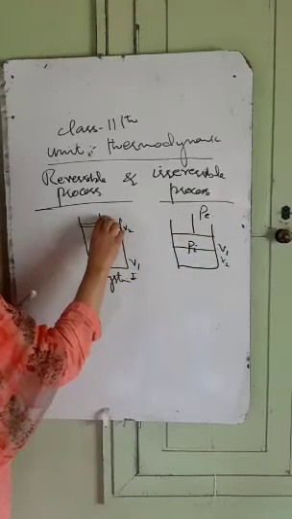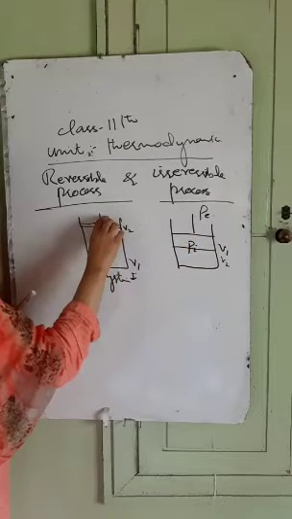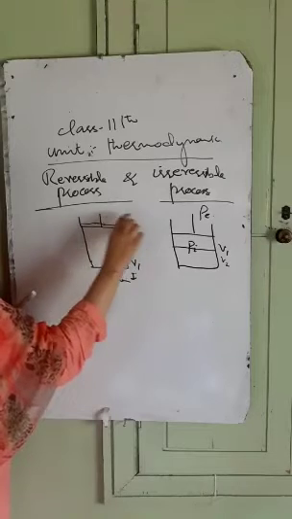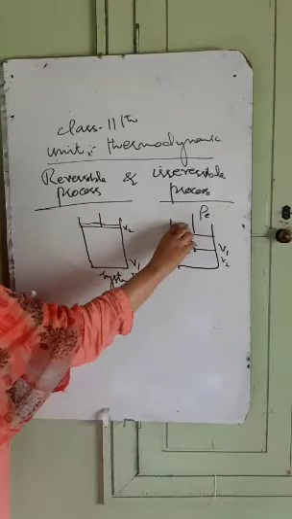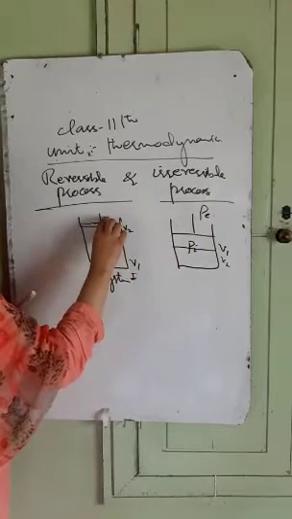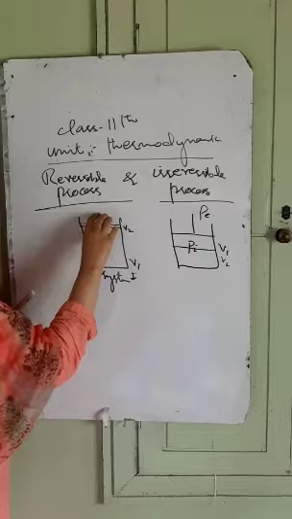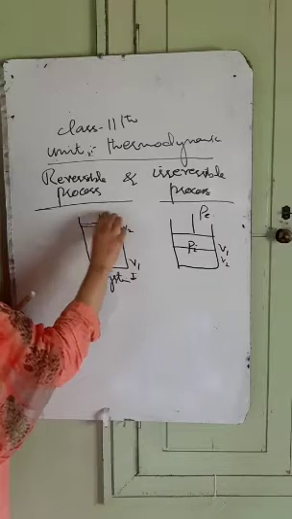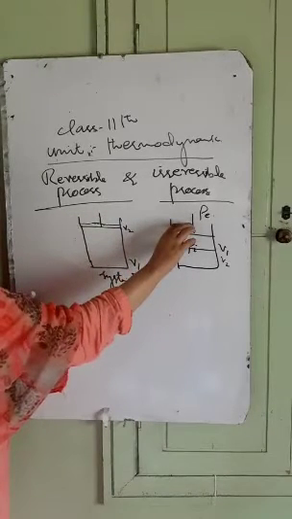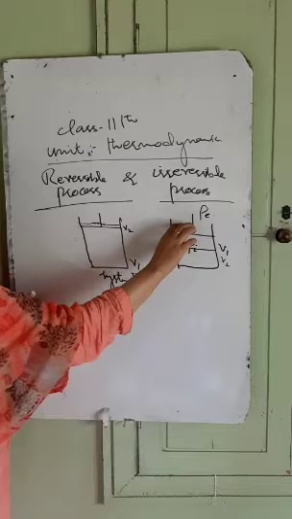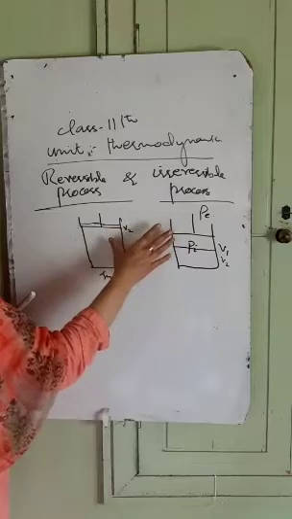यहाँ पर the process gets completed in a large number of steps, while in this case the process gets completed in a finite number of steps. It takes large time. Reversible process में बहुत ज़्यादा time लगता है for a process to get completed, while in irreversible processes limited time is needed for the process to get completed. So these are the points of difference.